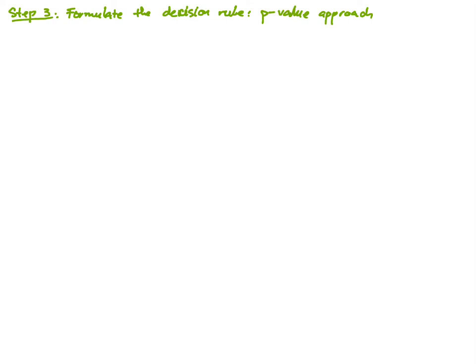So first off, the level of significance is 1%, so alpha is 0.01. The decision rule here is that we reject the null if the p-value is less than alpha.